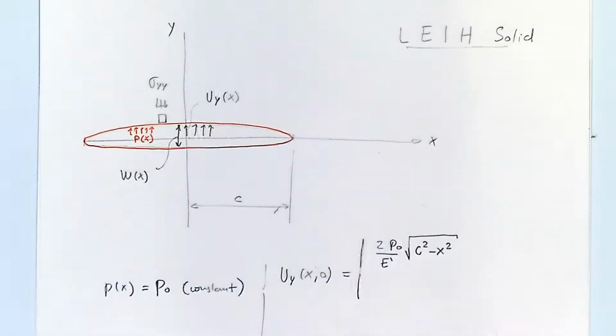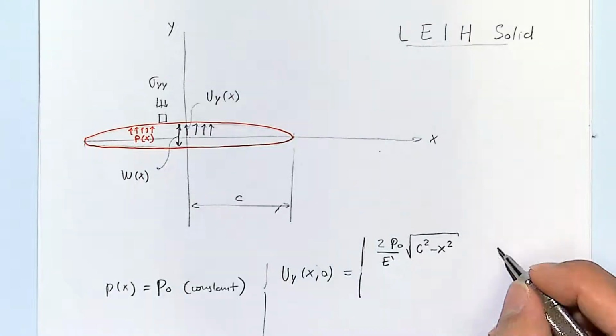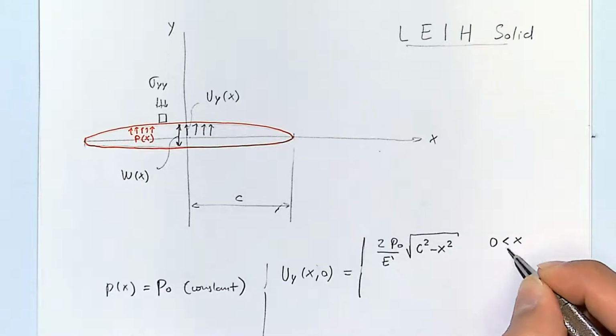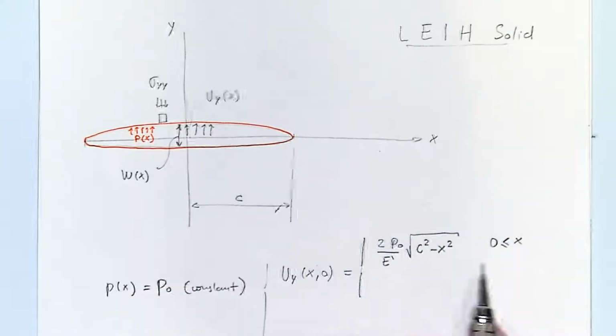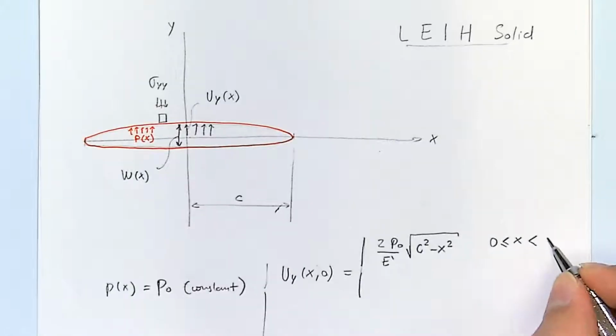You see, this is an equation of an ellipse, and this is going to be valid for x between 0 and what do you think is going to be here? And C, right?